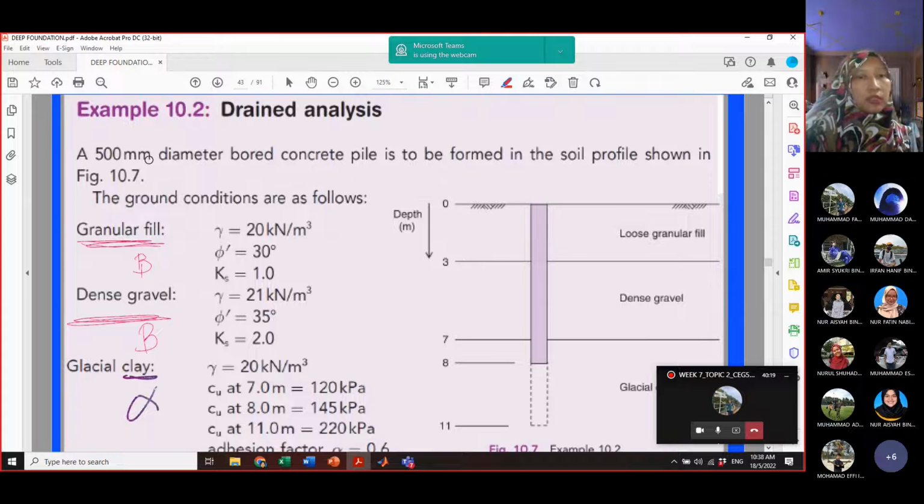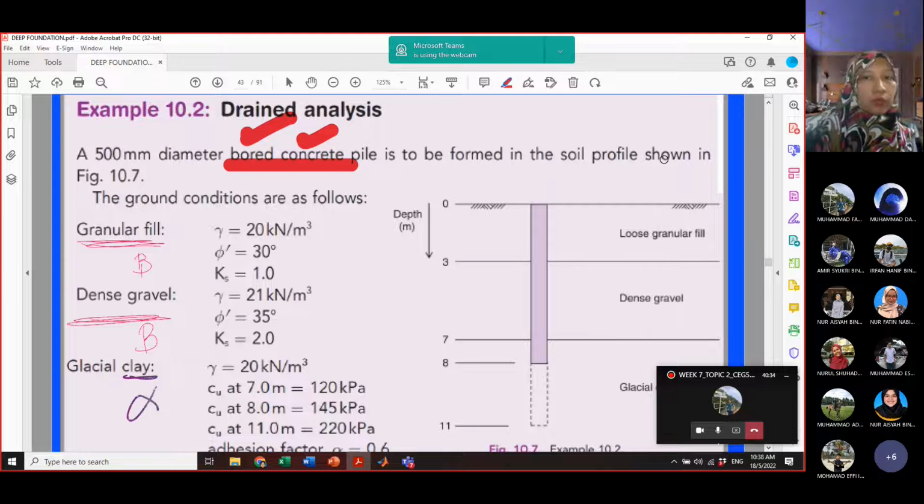If you look here, this question mentions the diameter of the pile, the installation method, and also the different material of the pile, which is concrete, made as a bored pile to be formed in the soil profile shown in figure 10.7. To be formed means that when we construct a bored pile, you have to dig several meters of soil depth, then install the reinforcement, then pour the concrete.